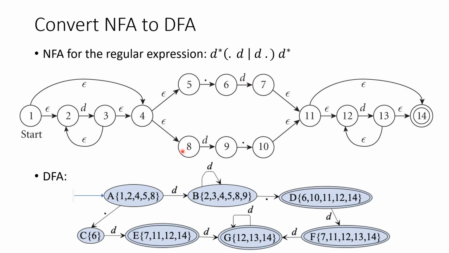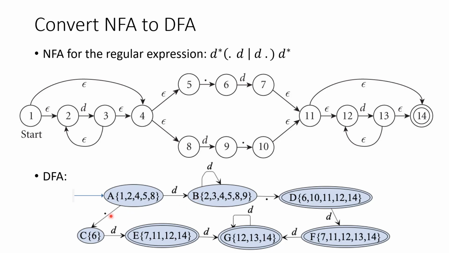From state 8, we can only go to state 9 on the input symbol D. So from state A of the DFA and on input symbol D, we can only go to the state consisting of 2, 3, 4, 5, 8, and 9, which we call state B of the DFA.